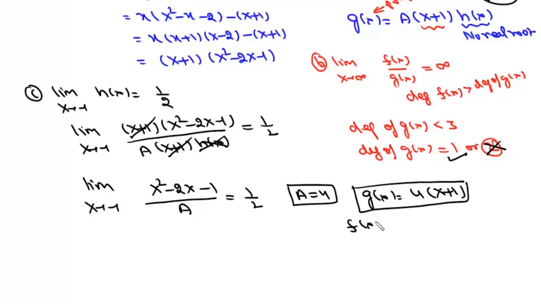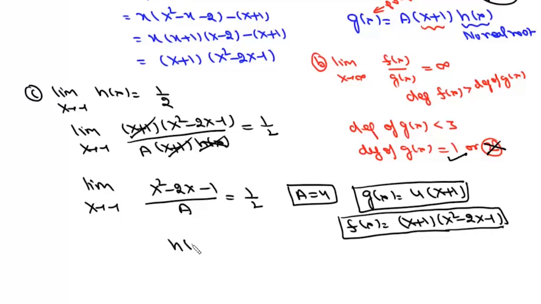So now we have g(x), f(x) is already given, f(x) is x plus 1 into x square minus 2x minus 1, and f(x) upon g(x) is h(x). So this h(x) will be x square minus 2x minus 1 by 4.